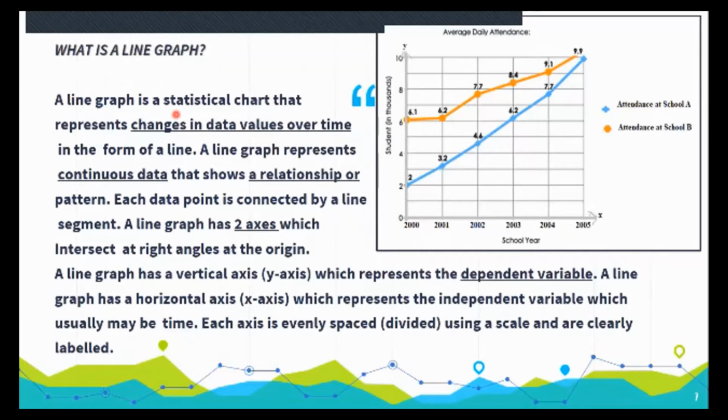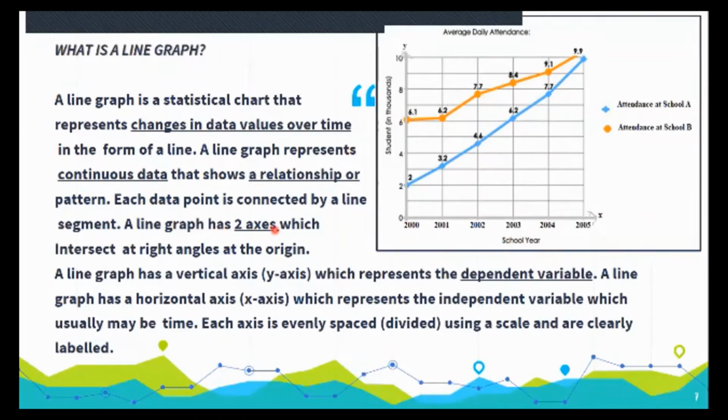A line graph is a statistical chart that represents changes in data values over time in the form of a line. Okay, so we have the changes in the data values over time, in the form of a line. A line graph represents continuous data that shows a relationship or a pattern. Each data point is connected by a line segment.